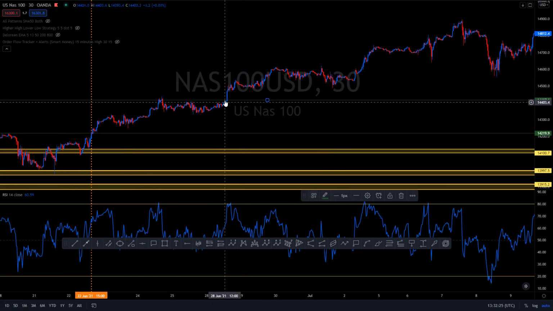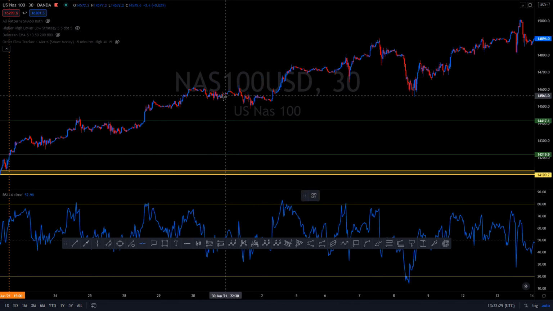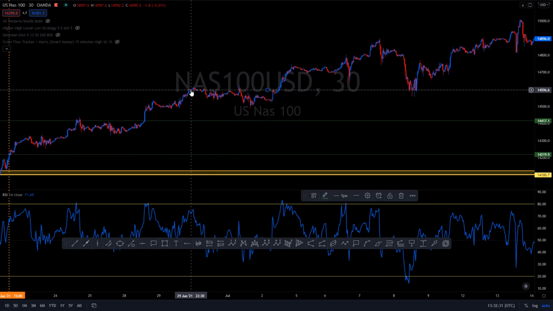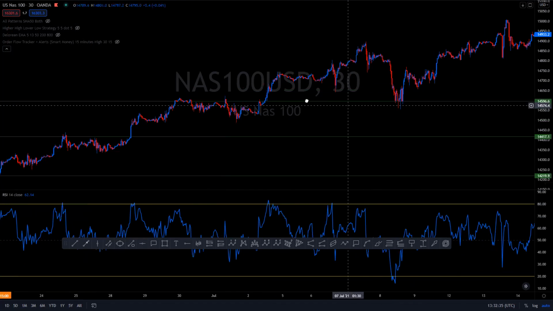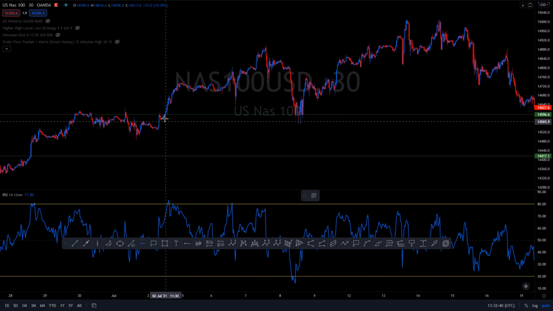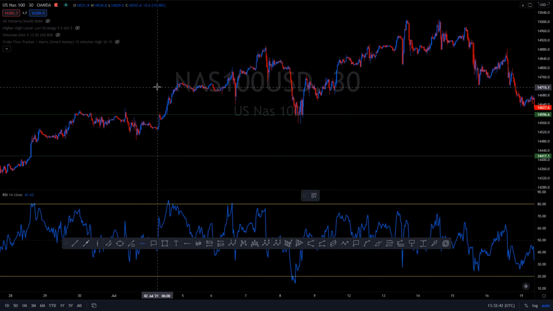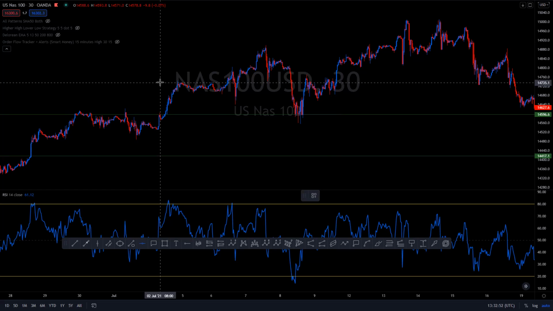See how price kind of respected this level and broke through. Imbalance moved to the upside, so respect to that area. Let's see. This might actually be a good level here. It's possibly a good level.